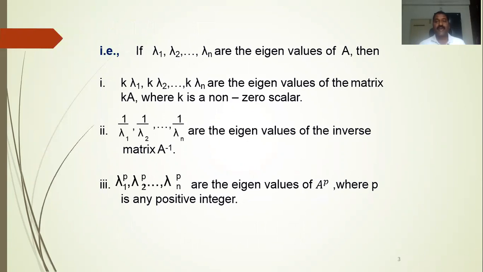The eigenvalues of A square are 2 square, 4 square, and 6 square. The eigenvalues of A cube are 2 cube, 4 cube, 6 cube. And in general, the eigenvalues of A to the power p are 2^p, 4^p, and 6^p.